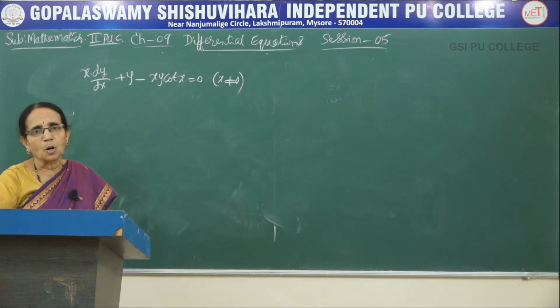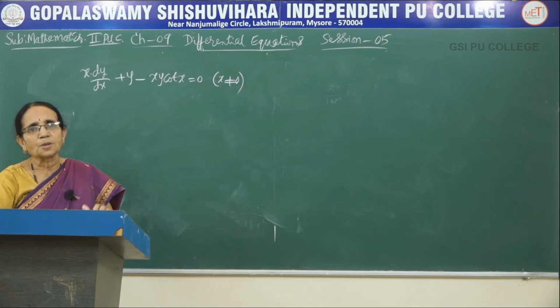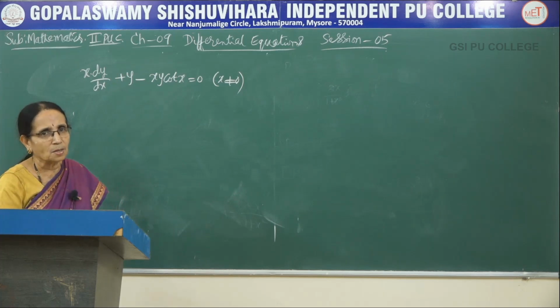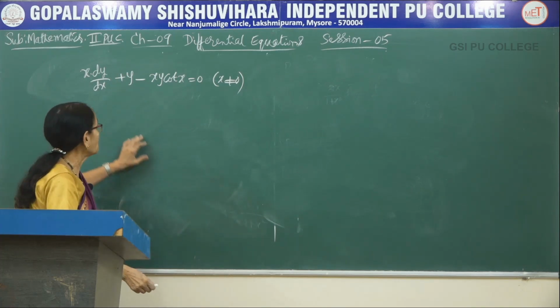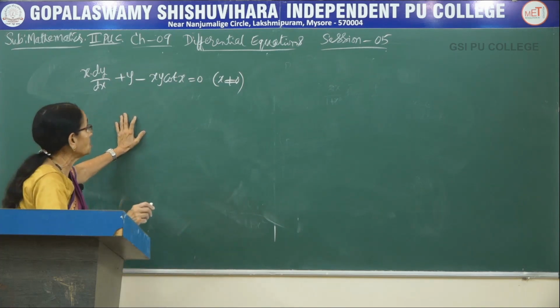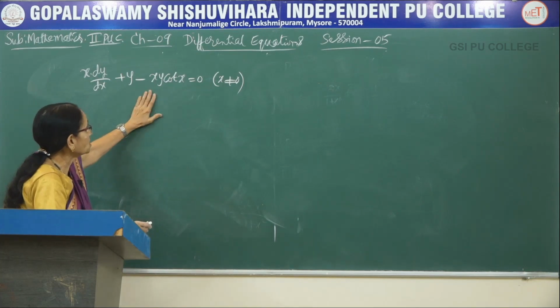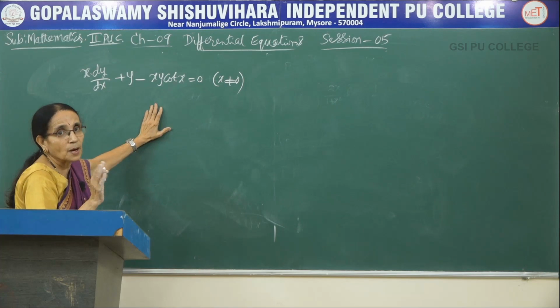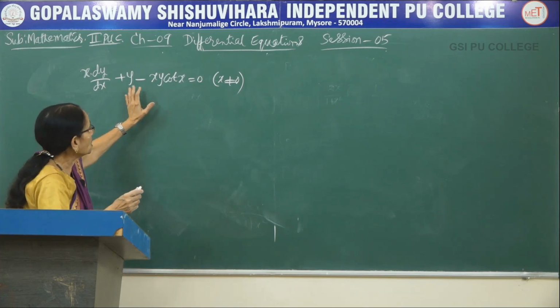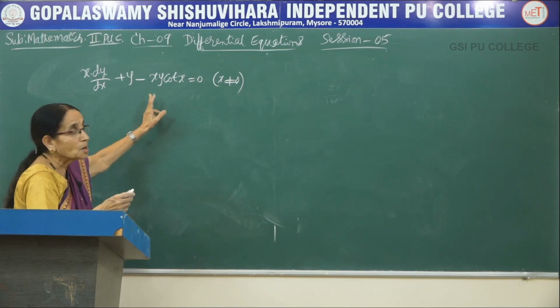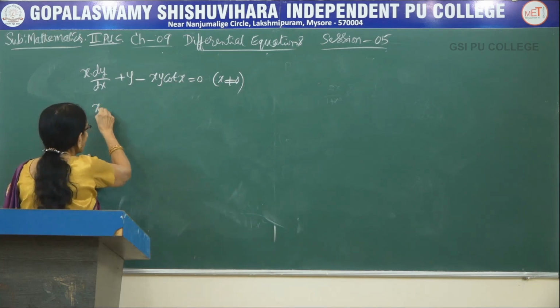In the previous problem, dy and dx were separated, so I had to bring them together to bring it to the standard form. Here dy by dx is existing, but this term, which we denote as py, should have only one term p, that is y is present in both the terms. First let us take out the common factor.